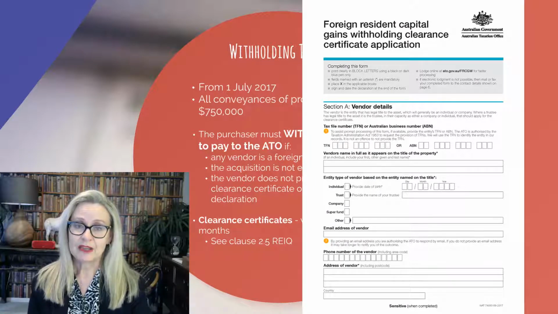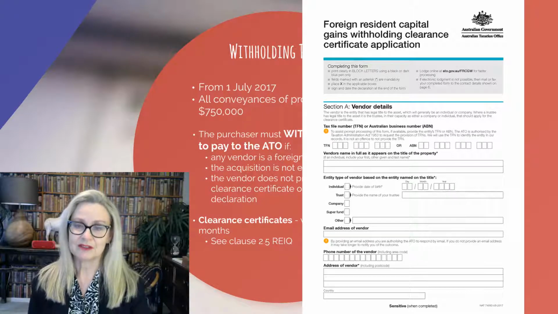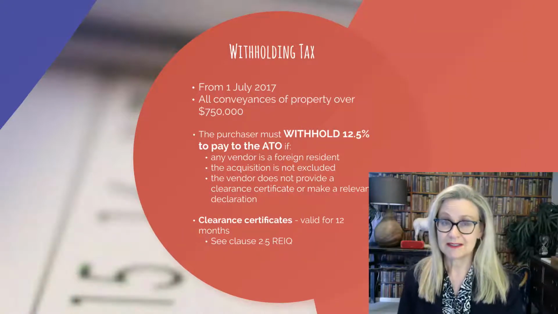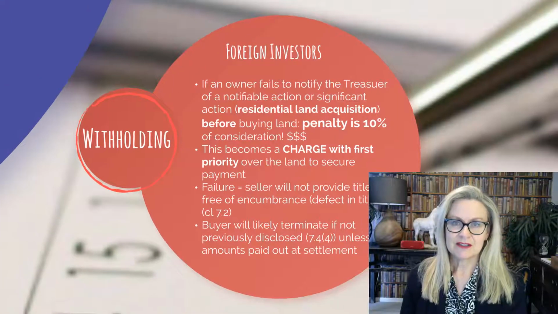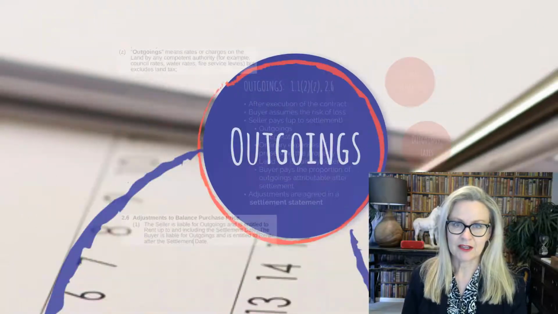Now, it will be assumed essentially that the vendor is a foreign resident unless they actually do have one of these clearance certificates. So obviously prudent for the seller to obtain one of those. They do last for 12 months. So that is the issue of foreign investors at a very high level, might I add.